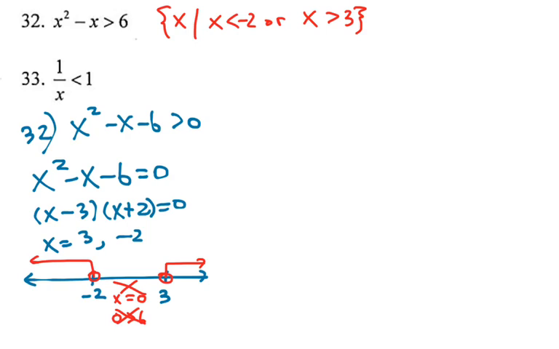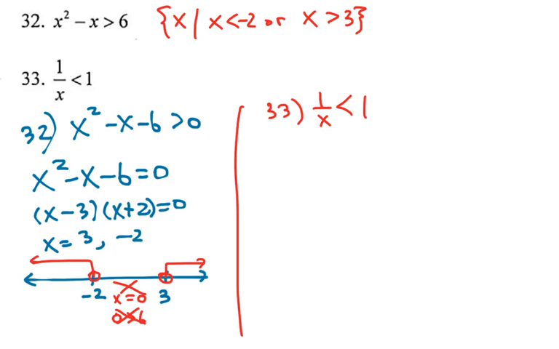Alrighty. Now, how about number 33? We have 1 over x is less than 1. Since 1 over x is less than 1, we like to subtract 1 from both sides and compare our fraction to 0.